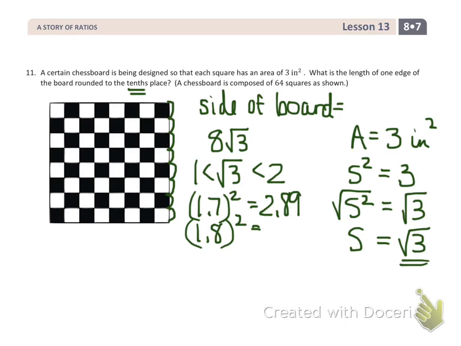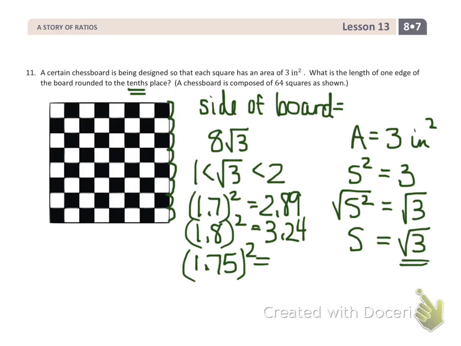1.8 squared, I'm not sure what that is. 1.8 squared is 3.24. Okay, so I know it is somewhere in there. We want to go out to hundredths. It's somewhere right in the middle there. So let's try 1.75. 5 hundredths we'll add on.